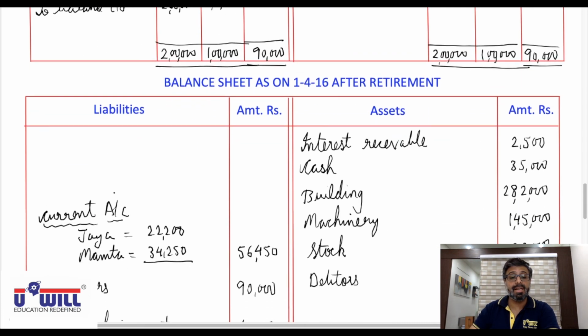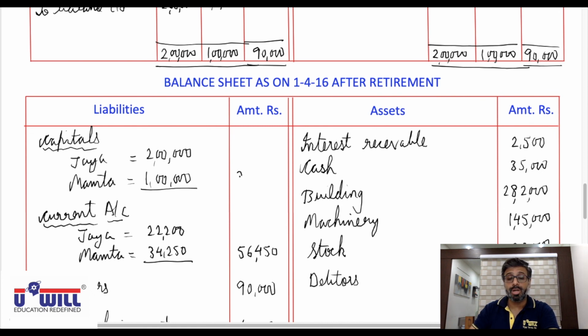Liability side capitals: Jaya 2 lakh, Mamta 1 lakh. Total 3 lakhs.